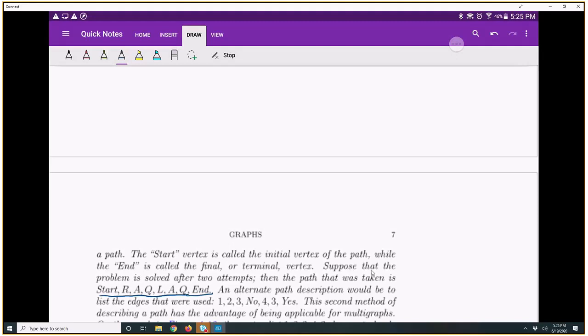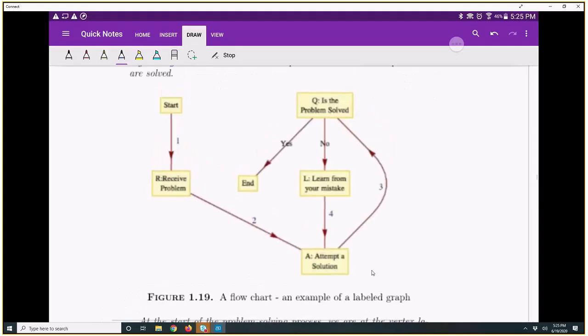So we said the problem was taking 2 attempts to solve. So we're at start, and then we move to R. Then from R, we move to A. So we receive the problem, then we attempt a solution. Then we ask ourselves, is the problem solved? That's Q. And the answer is no, we didn't solve the problem the first time.